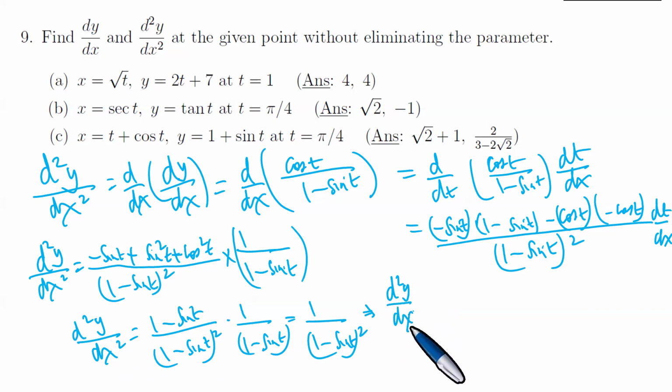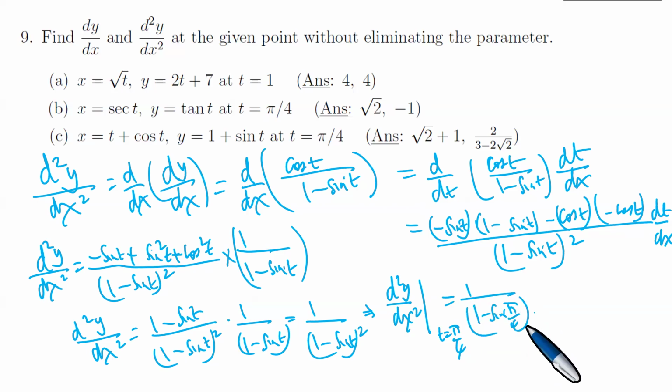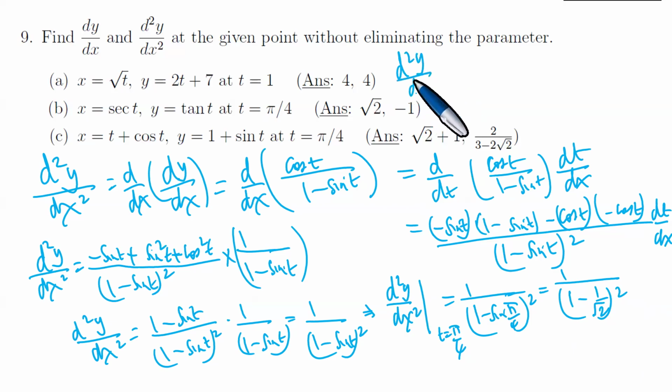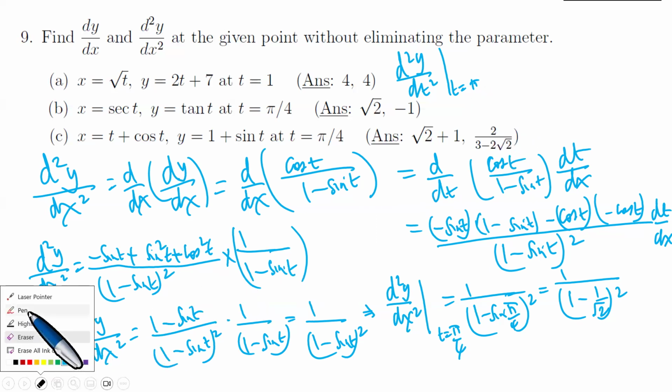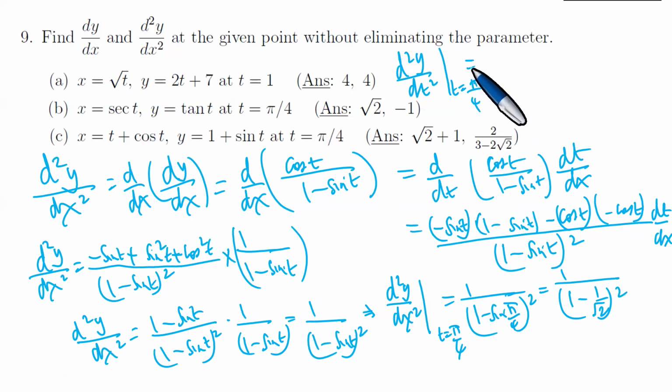d squared y dx squared, evaluated at t equals pi over 4 radians, is 1 divided by 1 minus the sine of pi over 4, which is one over the square root of 2, all squared.